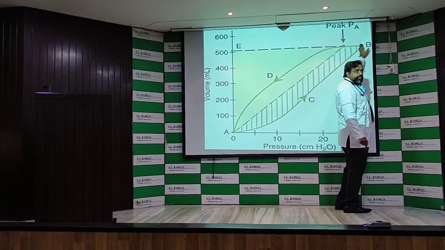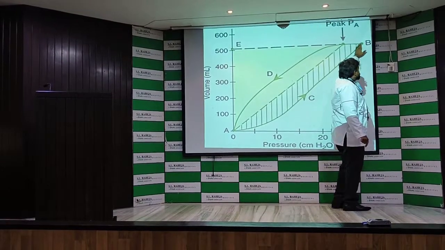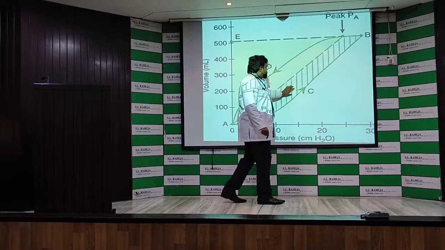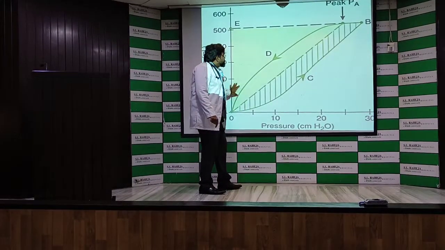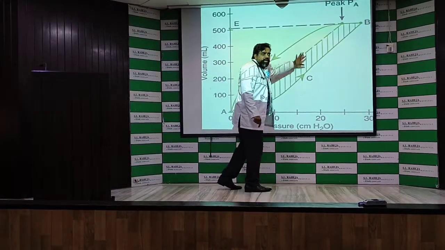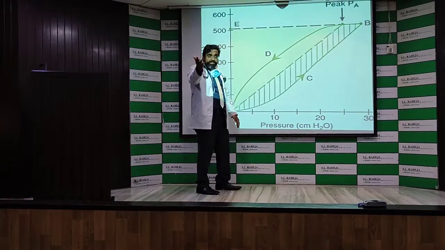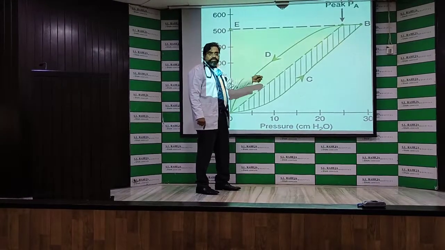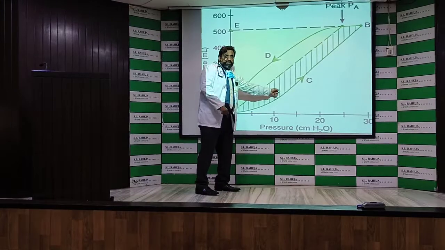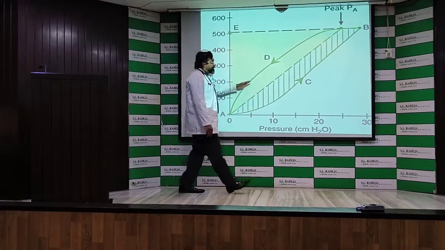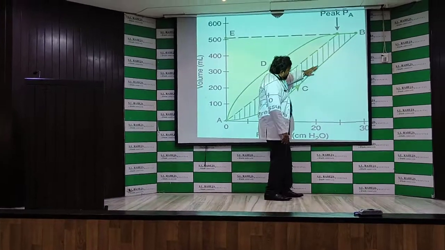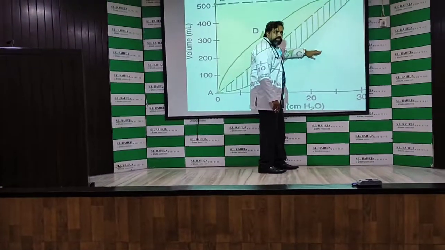What will it give you? Airway resistance. That's why this part is airway resistance, half of inspiration and expiration, whereas this part is your elastic resistance. 65% is elastic resistance, 35% is airway resistance. So if you have the curve going down, what does it mean?